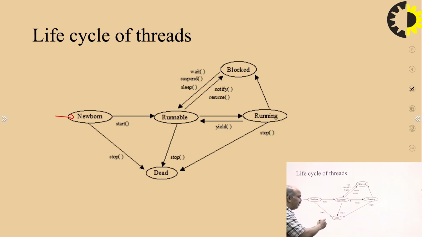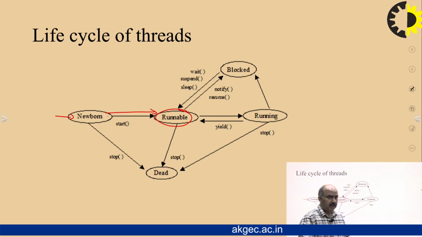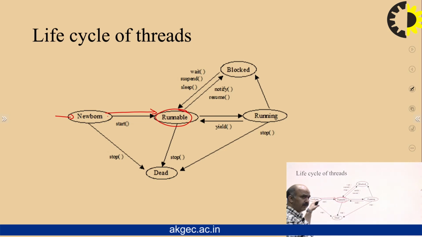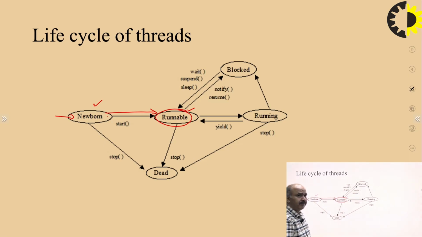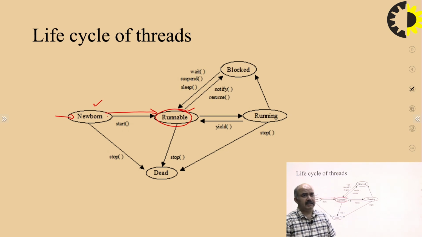Once it is created, it can move to the runnable state. First it starts with the newborn state, then moves to the runnable state. Once the thread has reached the runnable state, the compiler has to provide the resources.